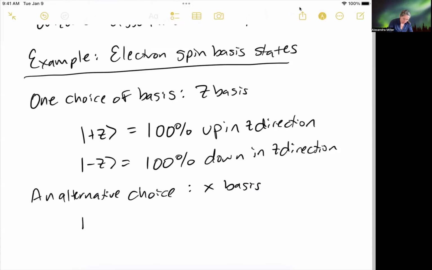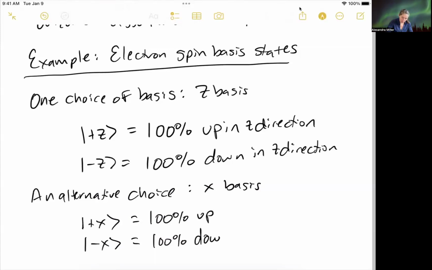And this is a totally different basis, where these have similar meanings of having definite outcome probabilities in the X direction now. So 100% up and 100% down, but now in the X direction.